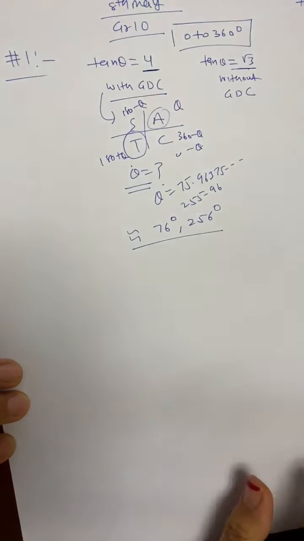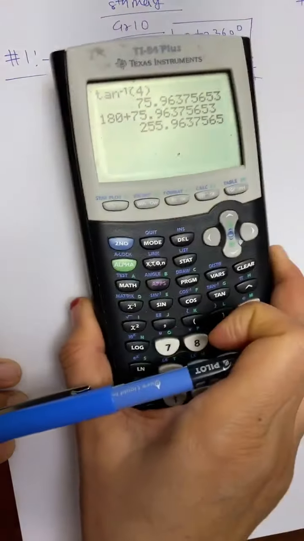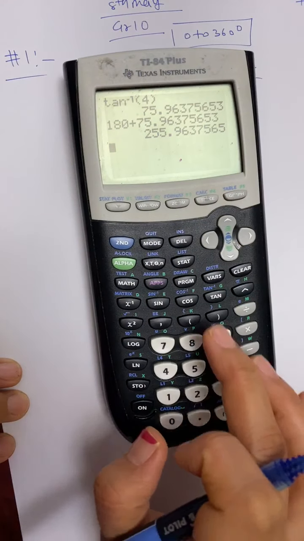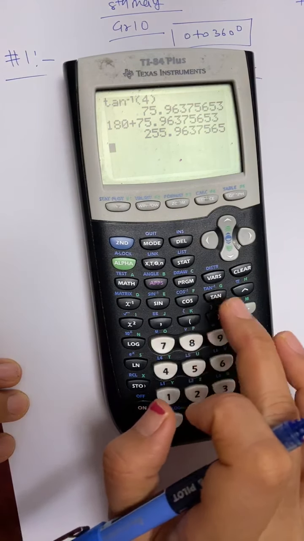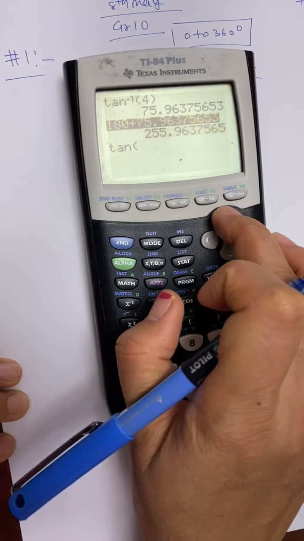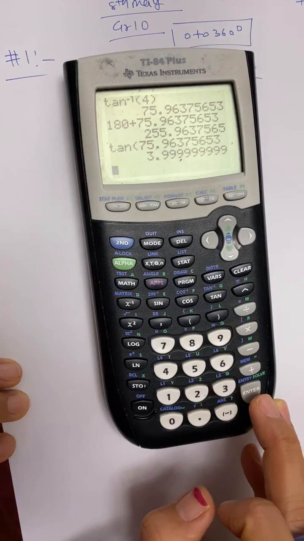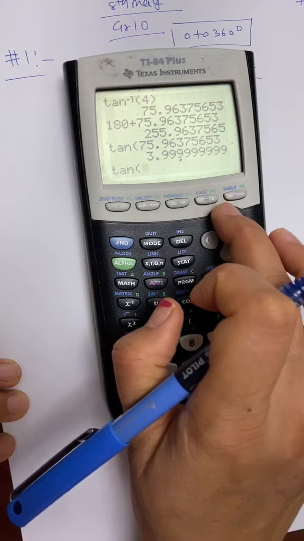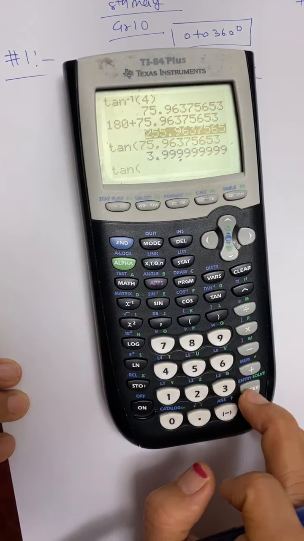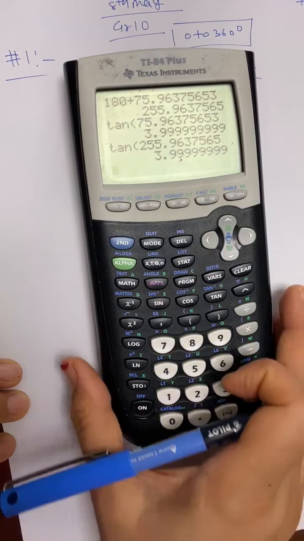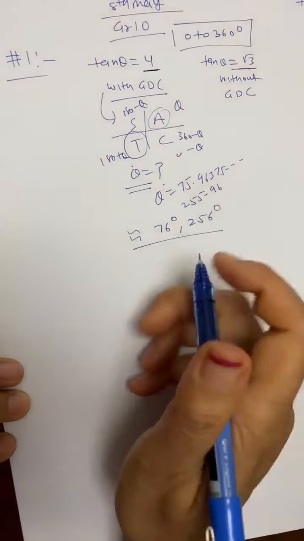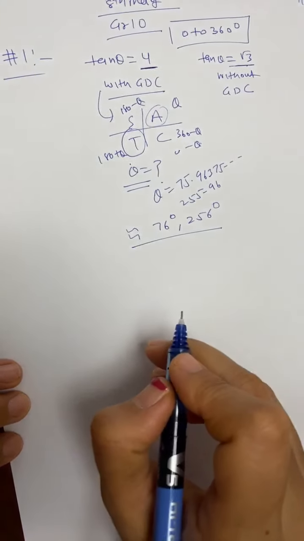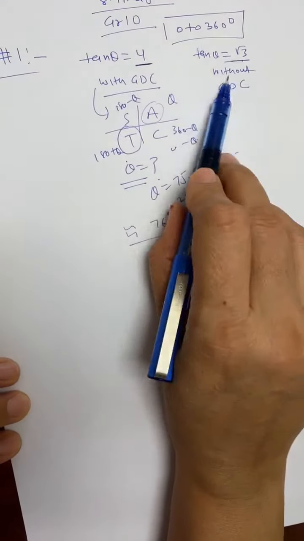These are the answers, and I can check: if I do tan of this, it should give me 3.99, and tan of 255 degrees is also the same value. When you round it, it's going to be 4. So this is the only difference between this one and the previous one.